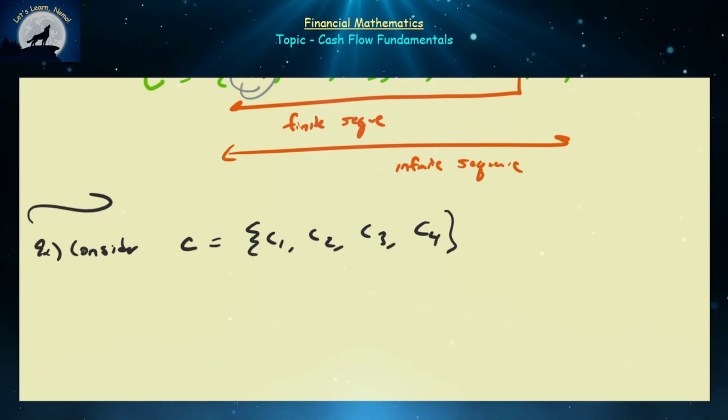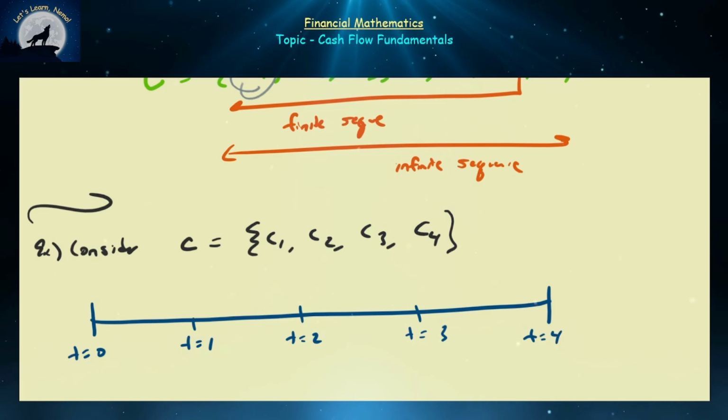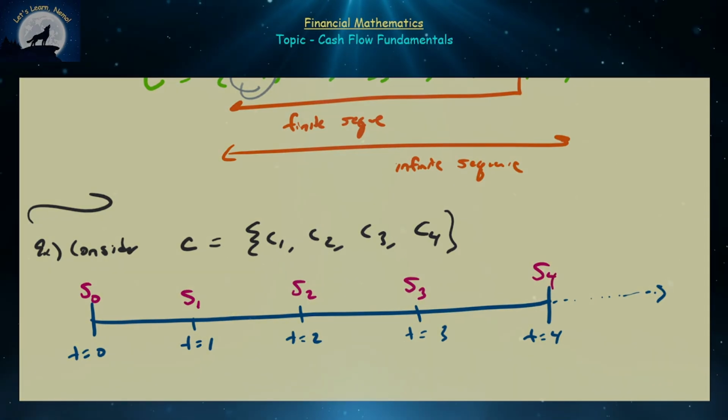Let us also view a timeline that represents the value of an account at various points in time. Let's assume that this is T0, T1, T2, T3, and T4. Technically speaking, this could continue onwards if we desired. And so our current balance, or our principal, is S0, S1, S2, S3, and S4.